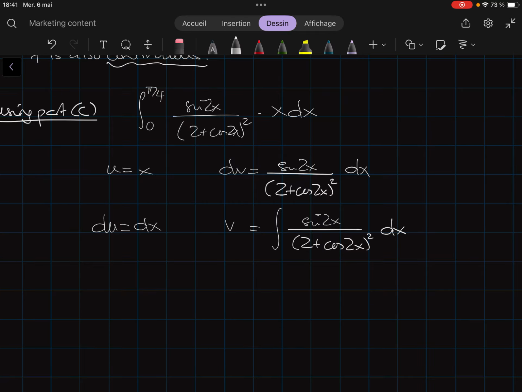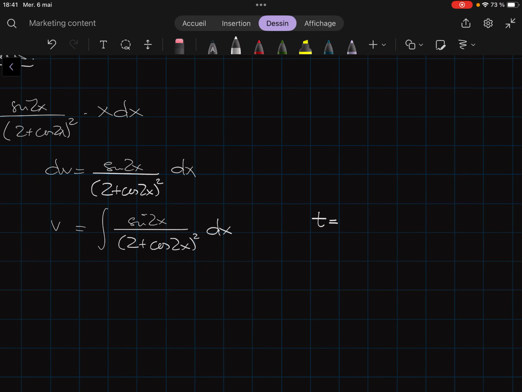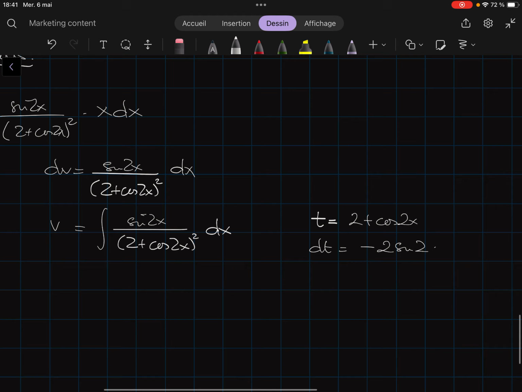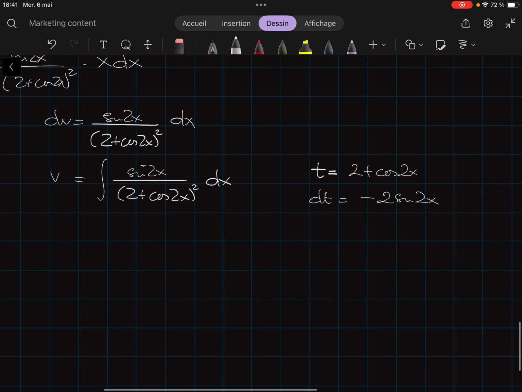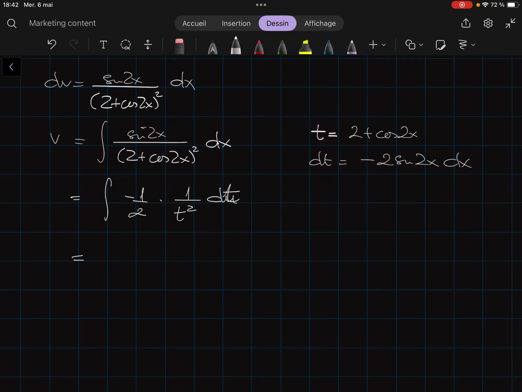I know that it's tempting to do a u sub, but remember, we have already used u here, so please use a different variable, t, for instance. Therefore, this integral becomes this, and now we just have to integrate.